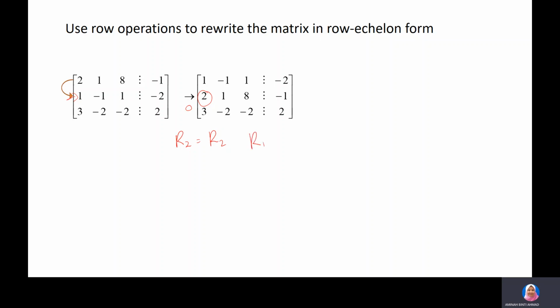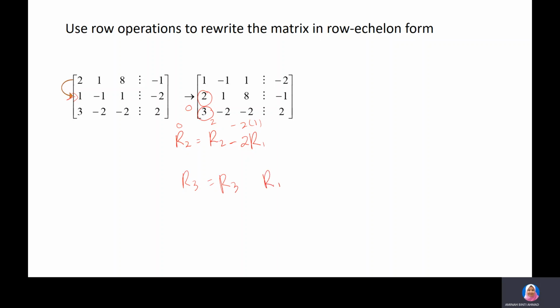For row 2, you want to make sure it is equal to 0. The row 2 value now is 2 and row 1 is 1, so you can just subtract 2 times row 1, since 2 minus 2 times 1 equals 0. We can also look at this 3, so we use row 3 and row 1.